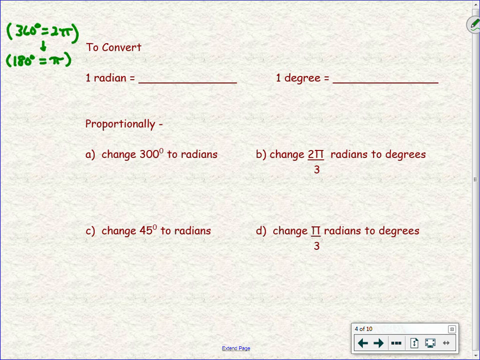So 1 radian is equal to 180 degrees over pi. So what I want you to write below that, make a star, although mine's not very good. To convert from radians to degrees, multiply by 180 over pi.